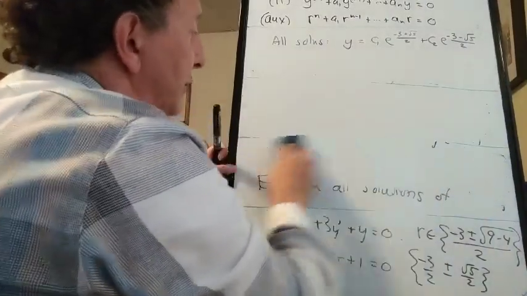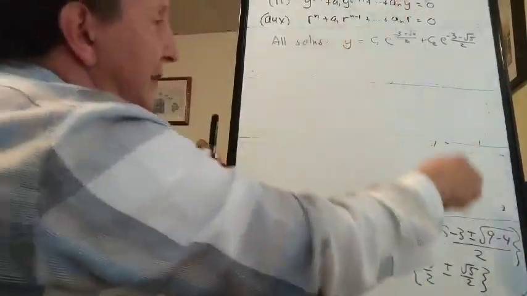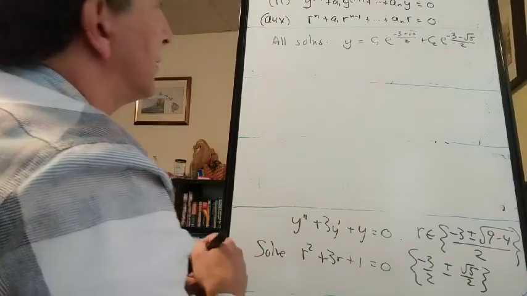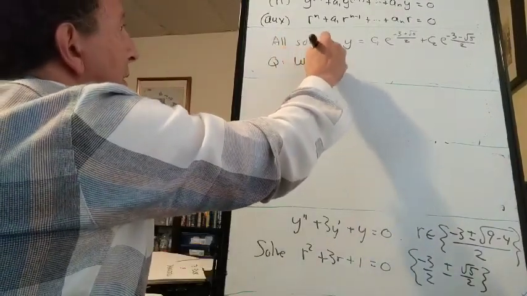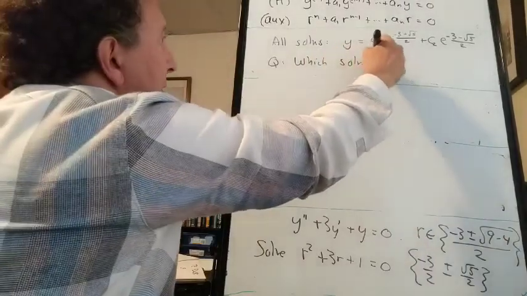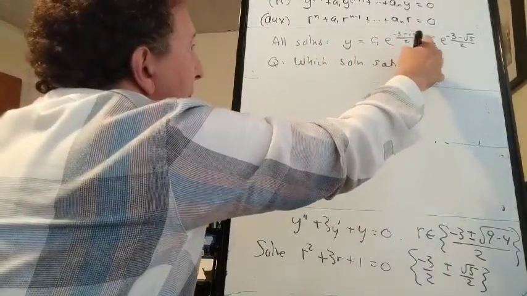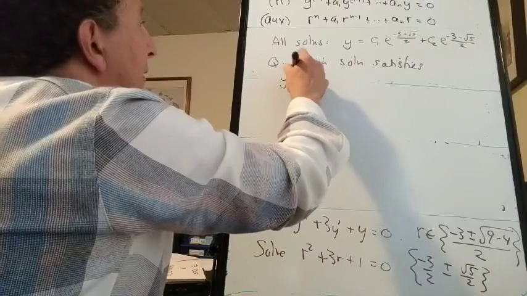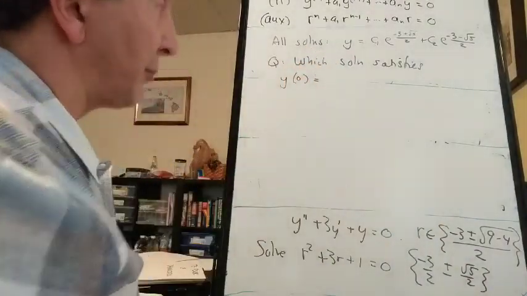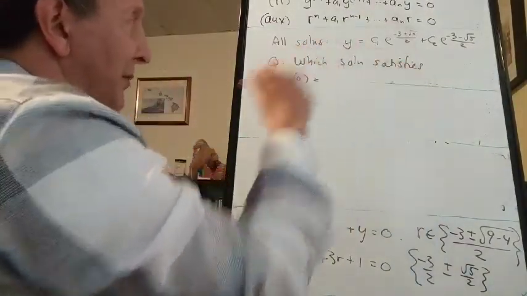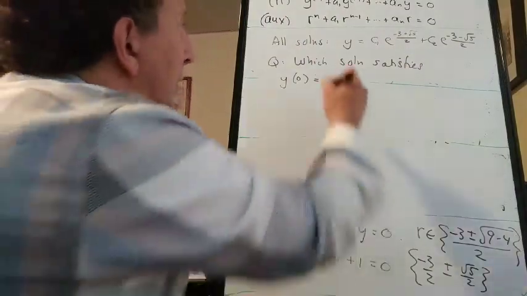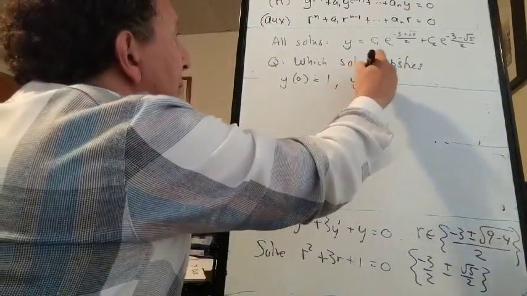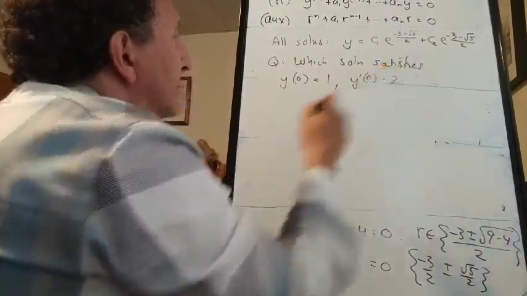And we could ask the same type of question: which one of these infinitely many solutions satisfies certain properties? Often the properties are y of 0 equals something, y prime of 0 equals something. So let's say y of 0 equals 1, y prime of 0 equals 2.